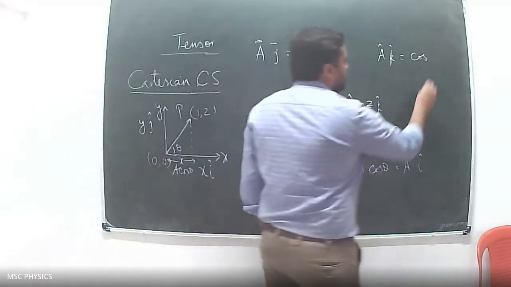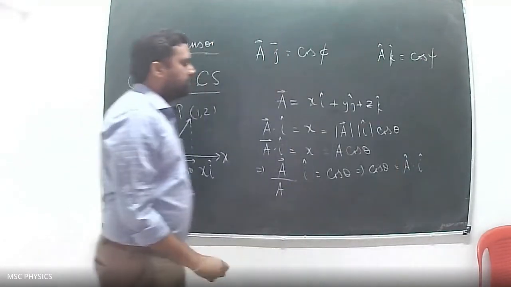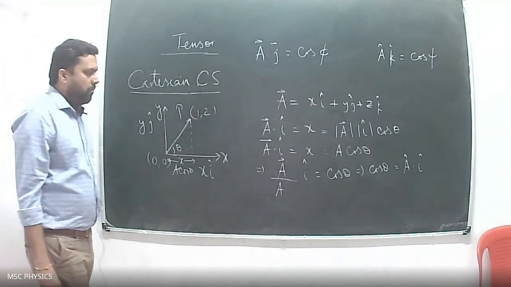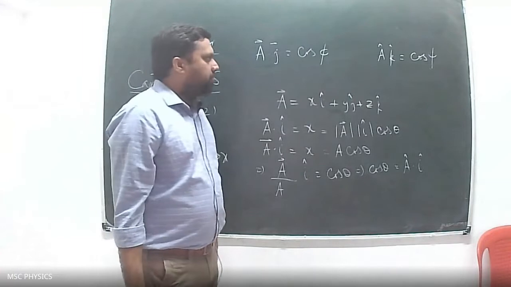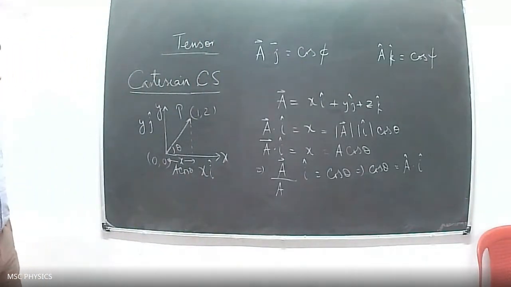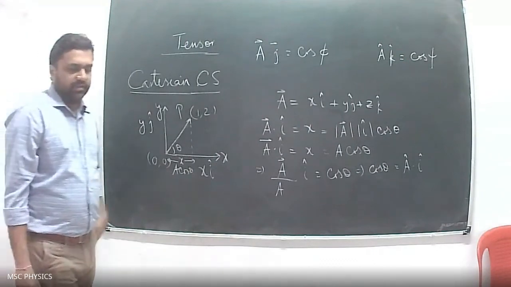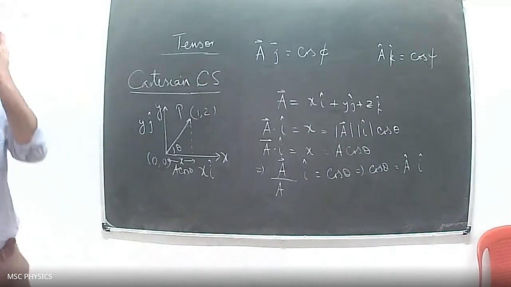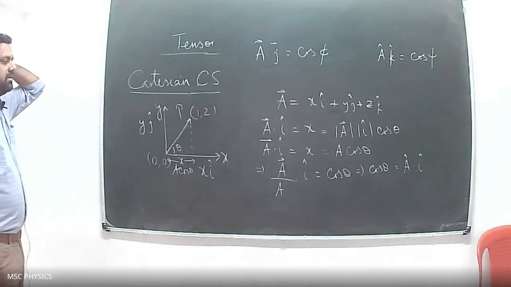This will come out to be cos of psi, right? So these are the direction cosines, which are also useful when you do rigid body dynamics and other things. These things will come across.